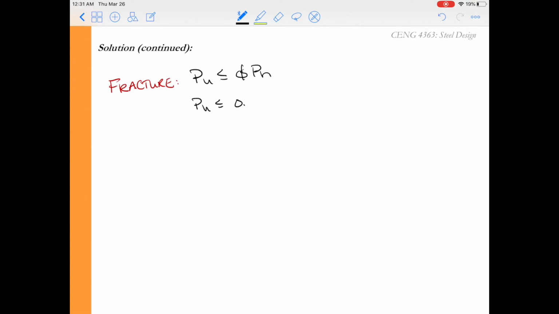Phi for fracture is 0.75 times the nominal strength, which is going to be the ultimate stress F sub u of the steel times the effective area. F sub u is given to us as 58 KSI for an A36 steel.